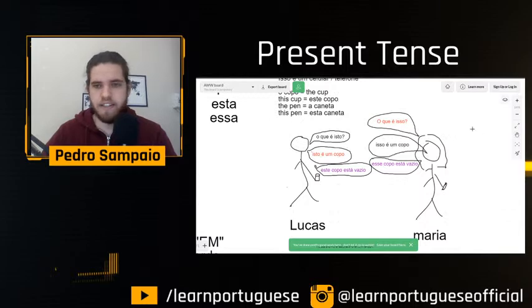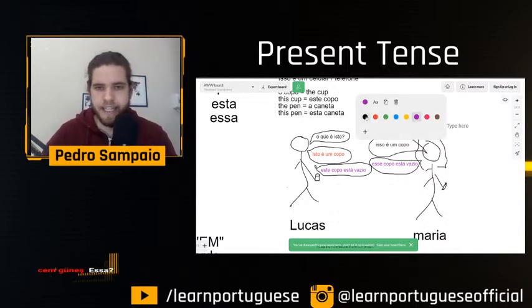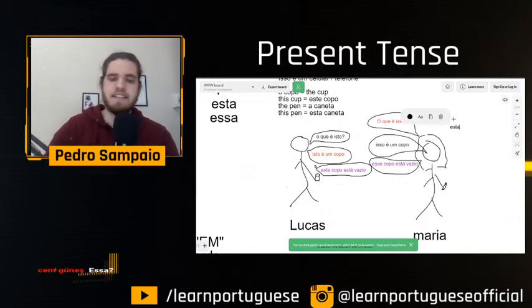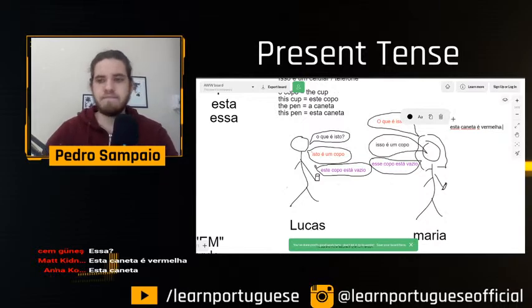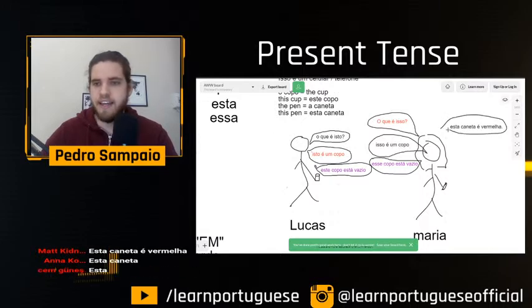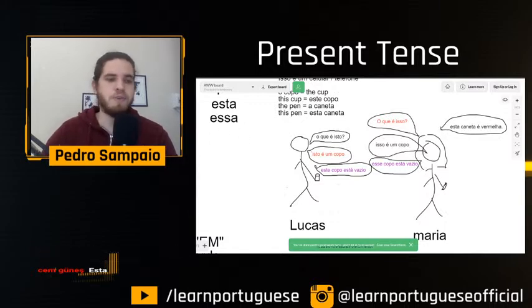So let's put the dialogue here on the other side. She would say, let's write this one in black again, "Esta caneta é vermelha." Because she's saying that this pen is red and she's holding the pen. So that's what she would say. And if Lucas would say the same thing, he would use essa.